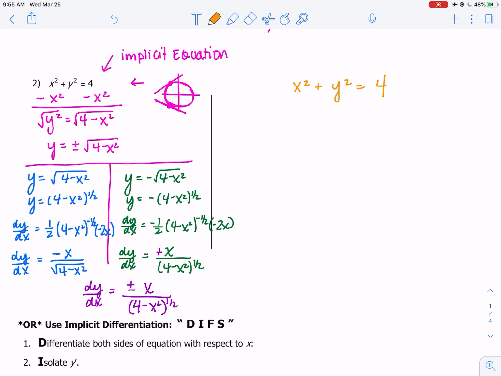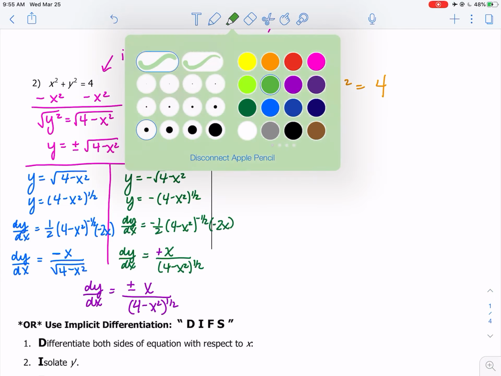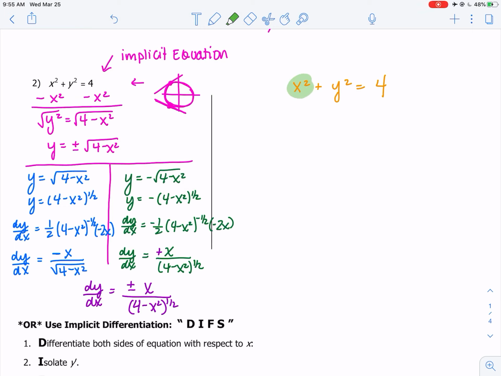If that's the case, we can take the derivative of each term with respect to x right where it is. So let's start with this first term here, x squared. If I take the derivative of x squared, that is going to be 2x.